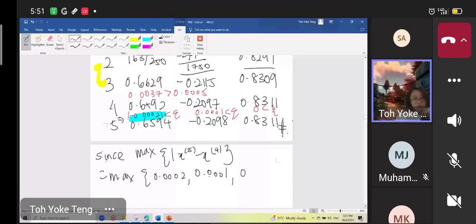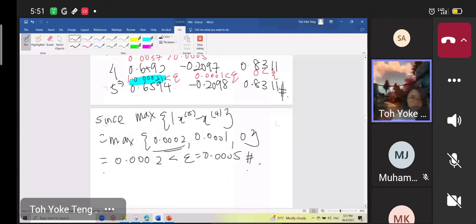So that equals 0.002, which is less than the epsilon number 0.005. And then the solution. If you want to write it down in a row, remember the transpose sign, since the original one is in vector form.